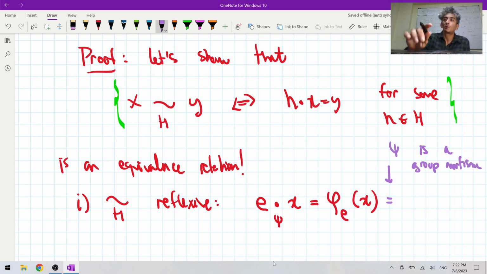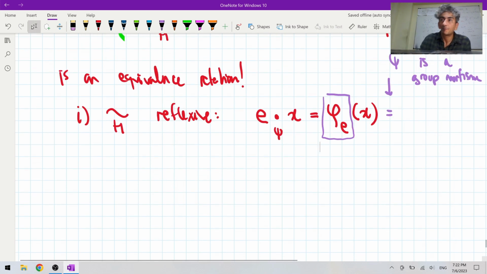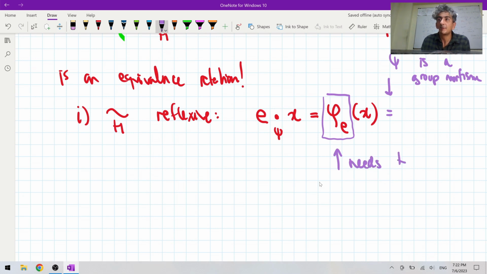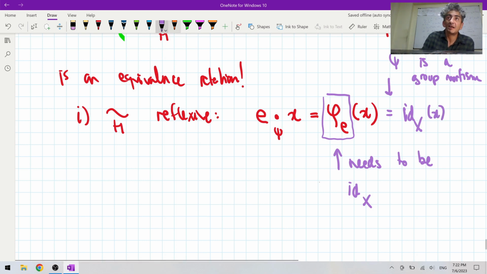So this function needs to be the identity of X. So this is the identity of X applied to the element X, and the identity of X yields X.